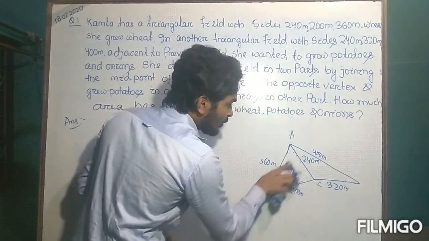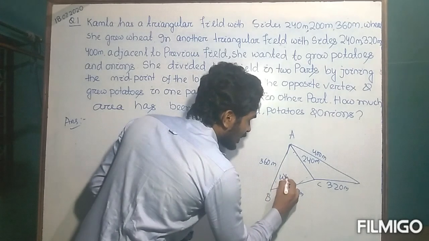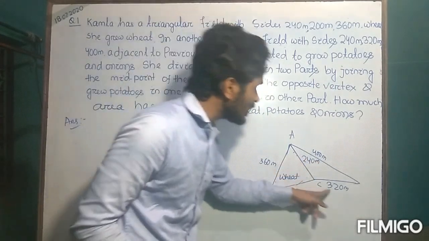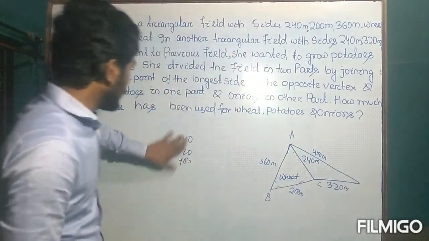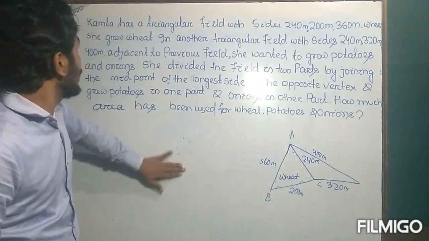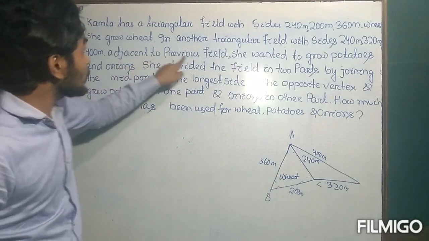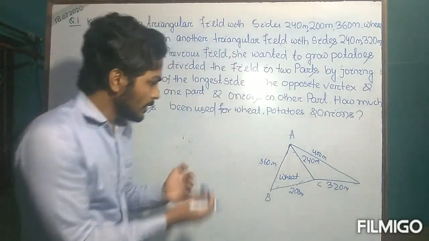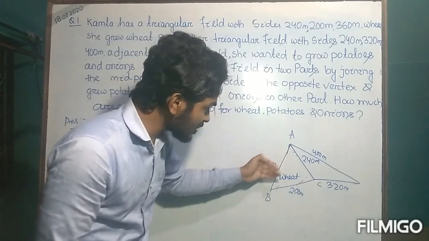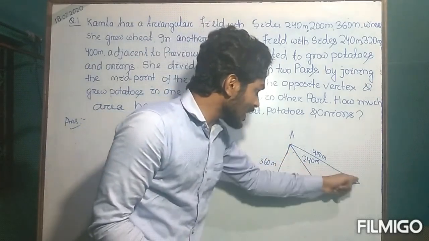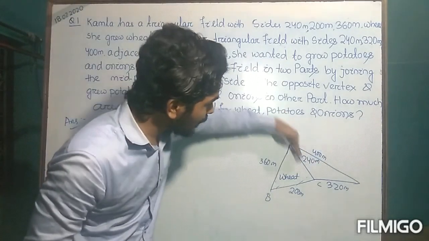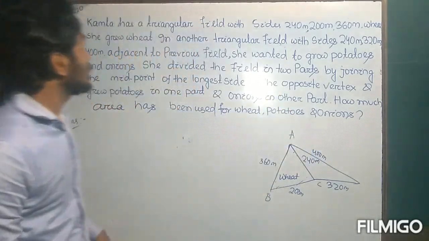In one field she will grow wheat, and the other field has sides 240, 320 and 400 meter. It is adjacent to the previous field. Adjacent means just next to the other. So this is the first triangular field, and just next to it there is another field. That is why I am drawing another field joining these two fields.